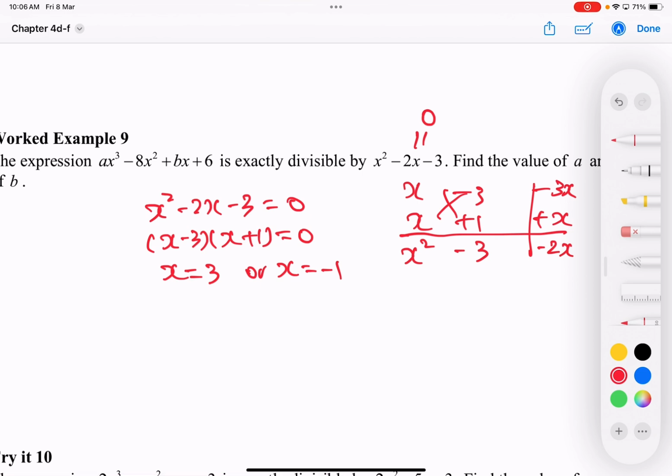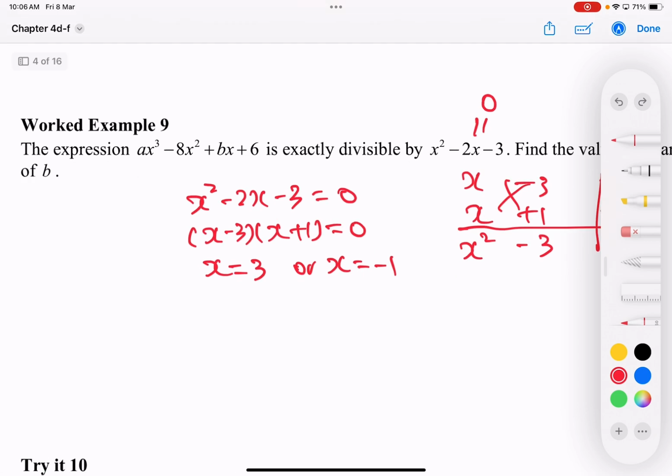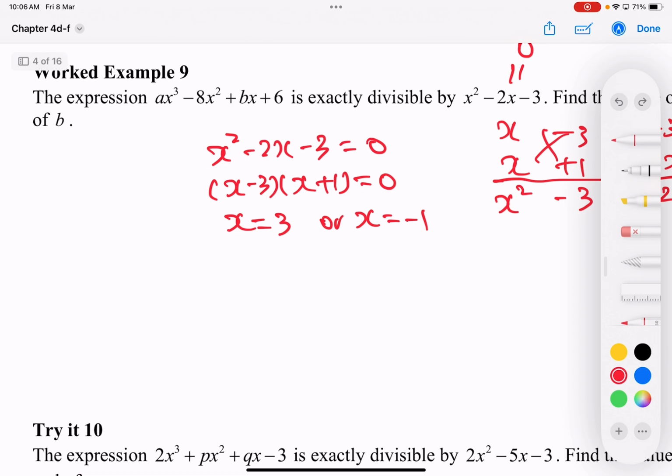Is that okay? So your concept has to be strong. We know that it is exactly divisible by this quadratic. The concept is that we want to make the divisor 0, and we want to find the specific values of x that make the divisor 0. So we factorize it and solve for it. What does this mean? I have 2 options here.